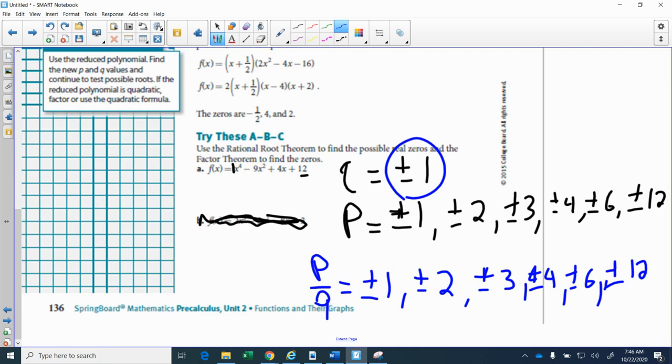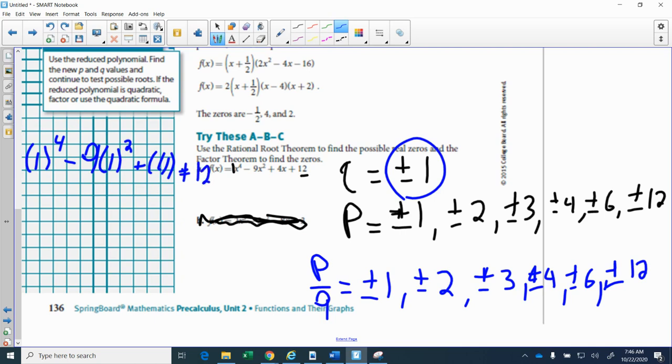Okay, so for example, I would sit here and take my original equation and plug a 1 into it. This would be 1 to the power of 4 minus 9 times 1 squared plus 4 times 1, which would stay as 4, plus 12.